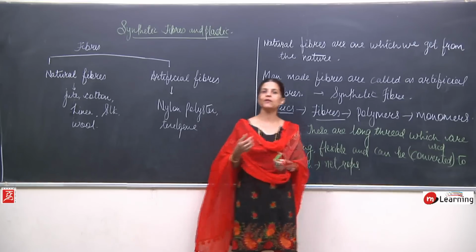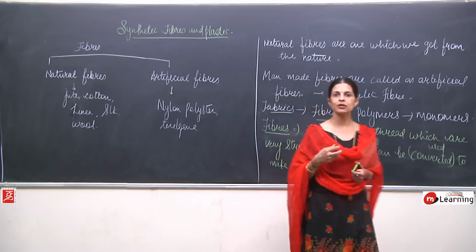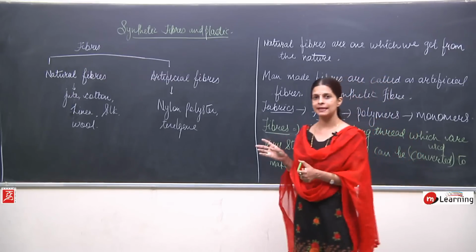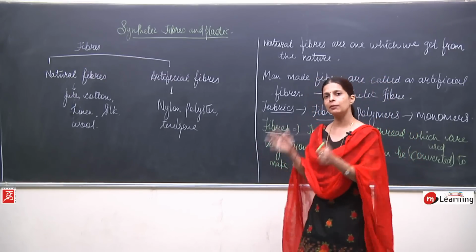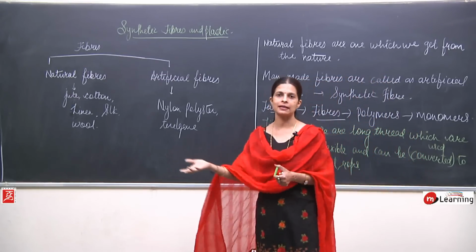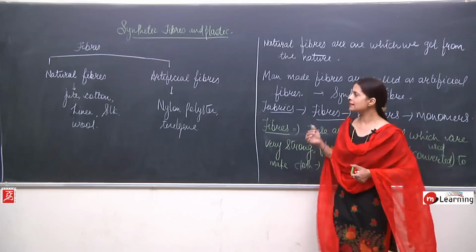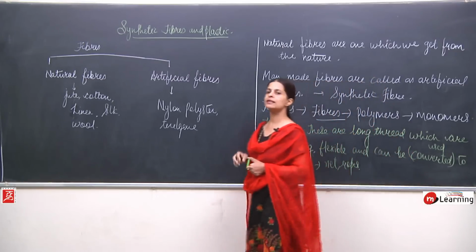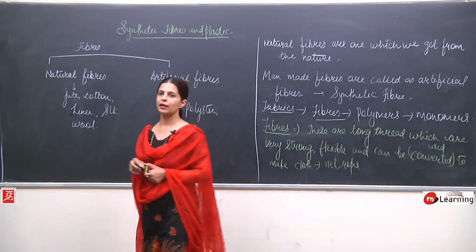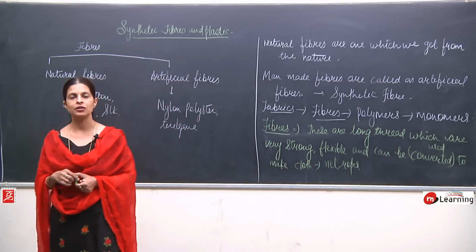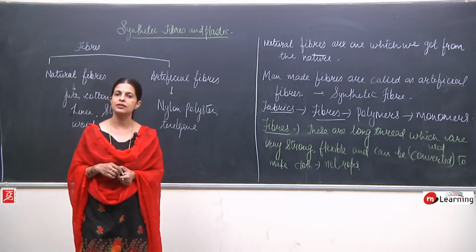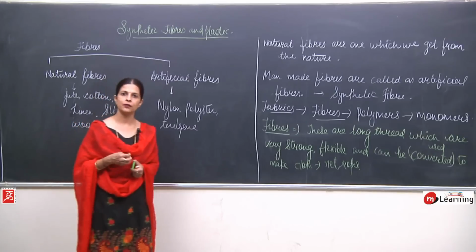In the same way, when we talk about synthetic fibers also, the overall characteristics will be the same, but each has certain special features. So we are going to talk about certain synthetic fibers along with their special characteristic features.